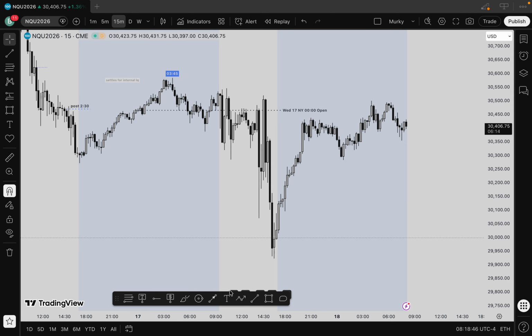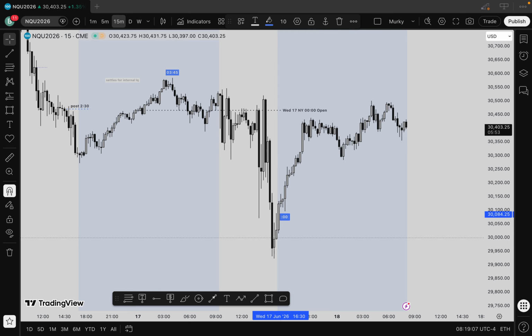But for now, let me first put some lipstick on this pig. So there are important timestamps that I look for every day when I do my analysis. So I have to label the previous day 6 p.m. candle.